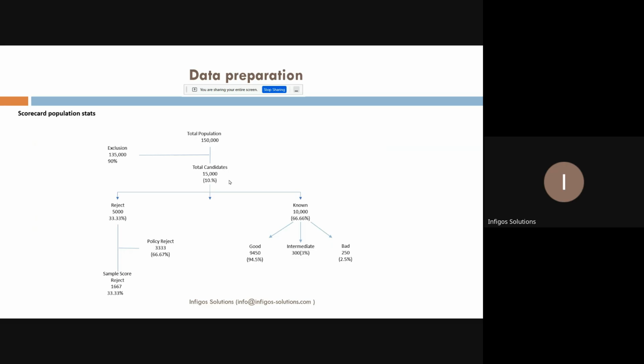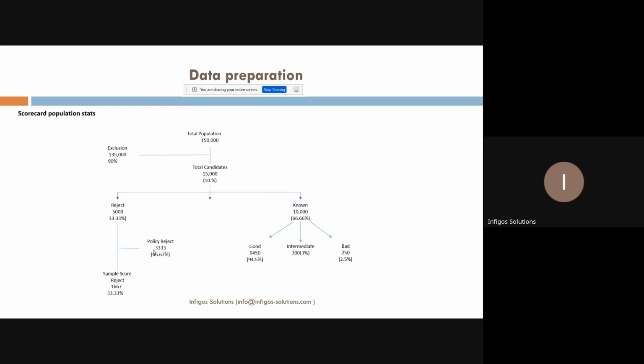So this is how a typical scorecard population process looks. You have 150,000 customers, and 90% of customers are basically excluded. Only 10% will go into your scorecard because of these exclusions. Out of that 10%, two-thirds will have known history, one-third will have reject inference.